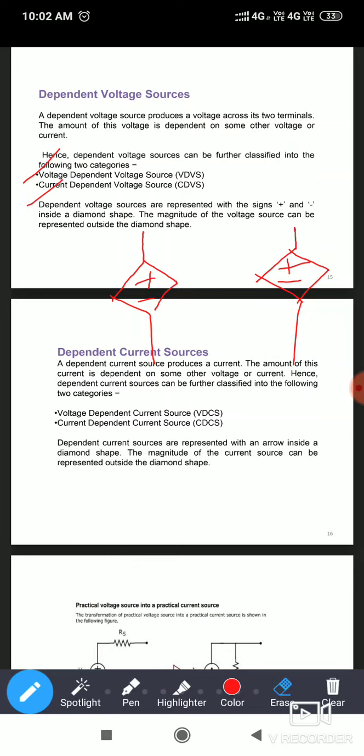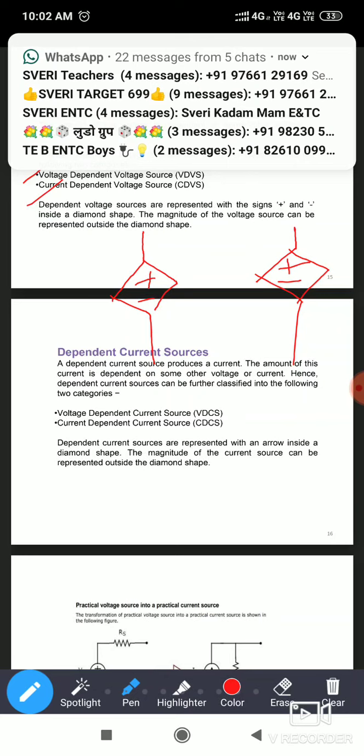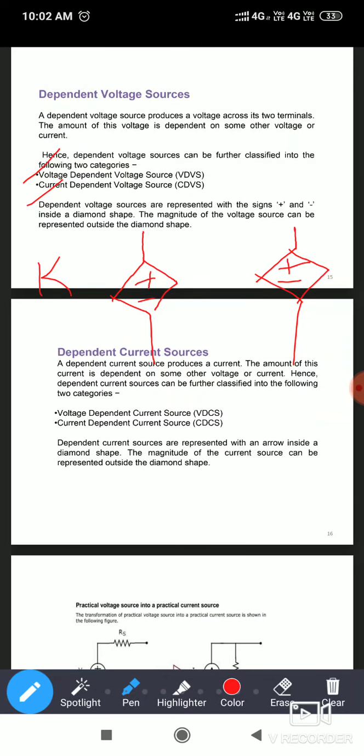Suppose the value of this voltage source depends on K into V1. K into V1 means what? K is the constant and V1 is the voltage across a particular element or branch. So this is the first one. The first symbol is known as the voltage dependent voltage source.